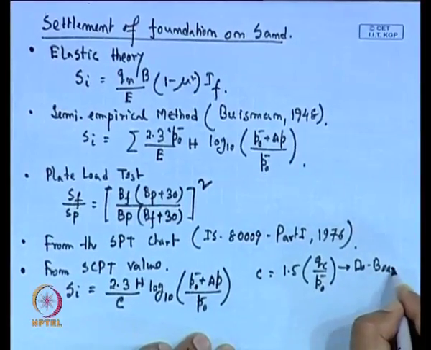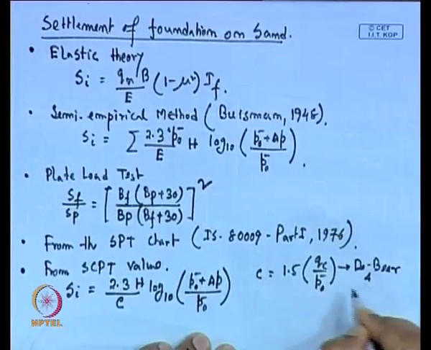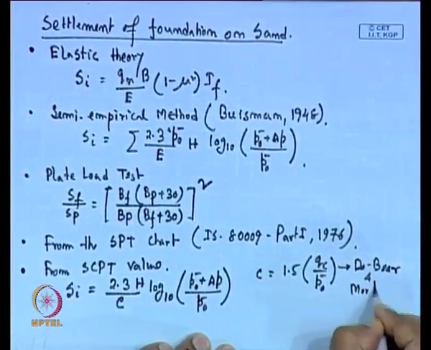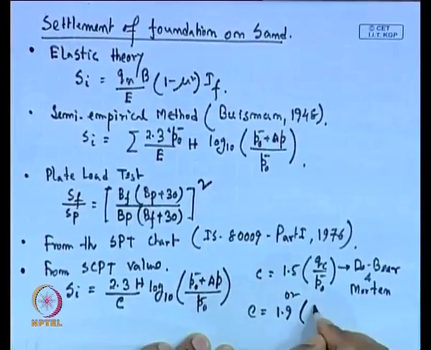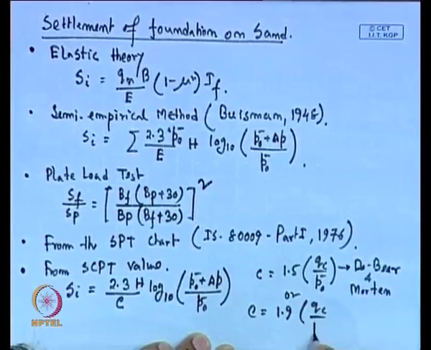This expression is proposed by De Beers and Martin. Or we can use C equal to 1.9 Q C by P 0 bar, which is proposed by Meyerhof.